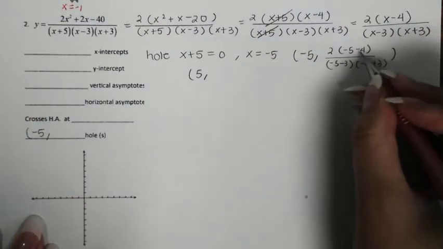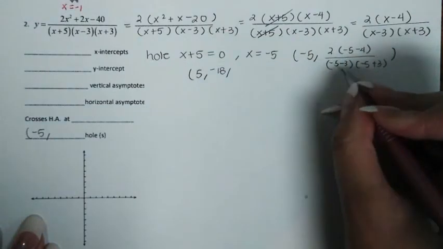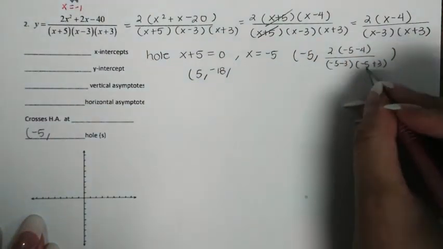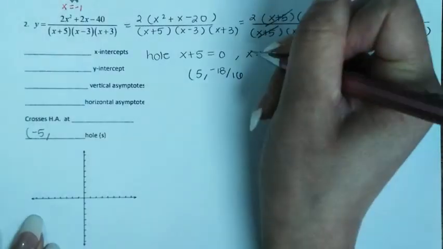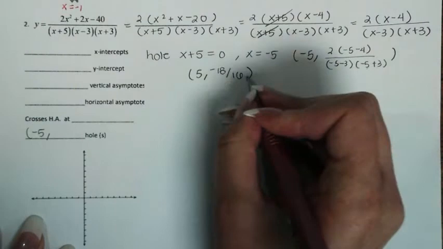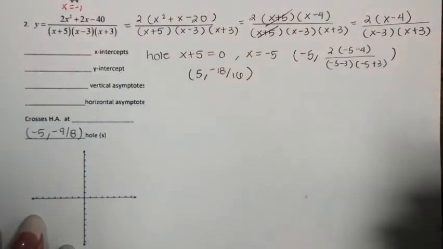So we have negative 9 times 2 is going to be negative 18, and then here you have negative 8 times negative 2, that's 16. Okay, so we have that, and we can simplify it a little bit more, dividing it by 2, so you have that it's negative 9 over 8. Okay, and that's your hole.